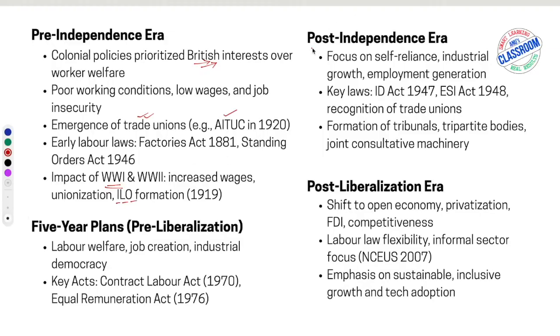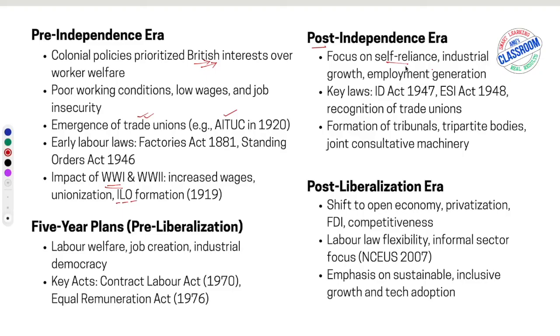Coming to the post independence era, after 1947, post independence India focused on planned industrial development. The government wanted self reliance, employment, and social justice. So, Atmanirbhar Bharat was never a new idea. We always have wanted that.